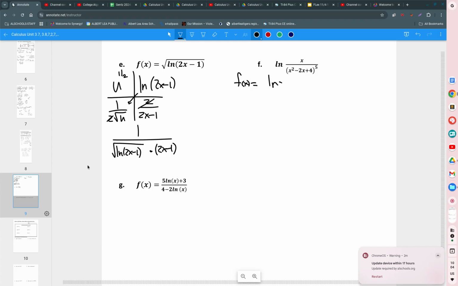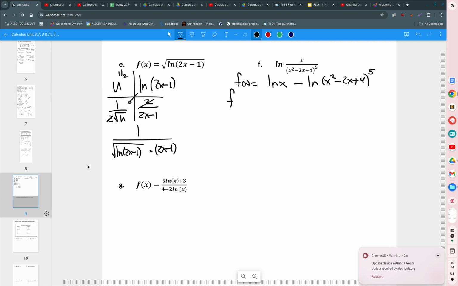The natural log of x minus the natural log of x squared minus 2x plus 4 to the 5th power. Somebody cooked here. See that? Danny is right. You could do it another way, but then you would just have addition. So I just use subtraction instead.